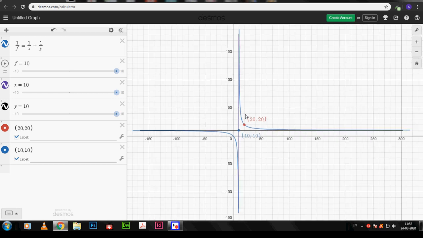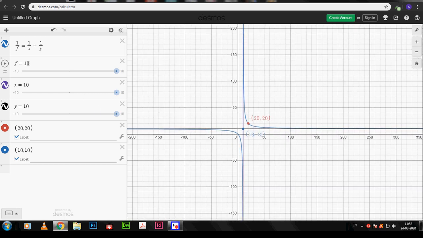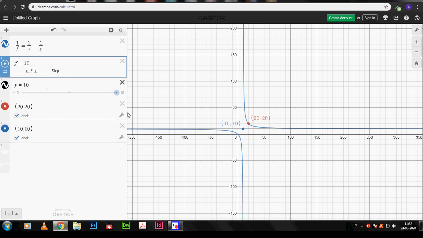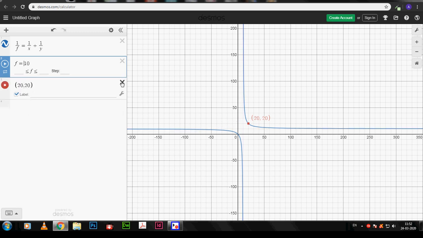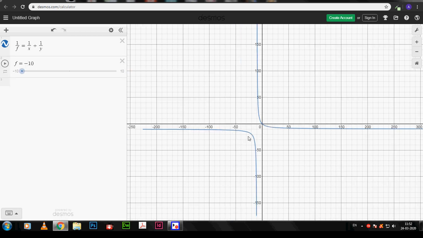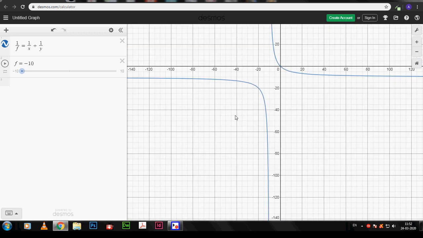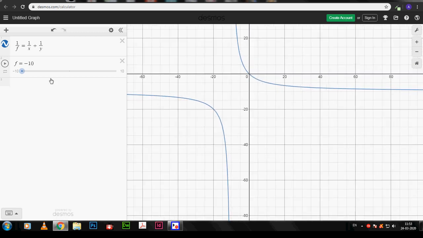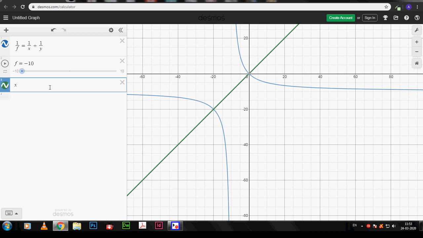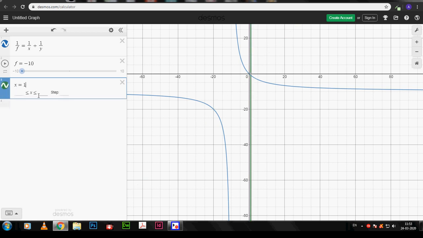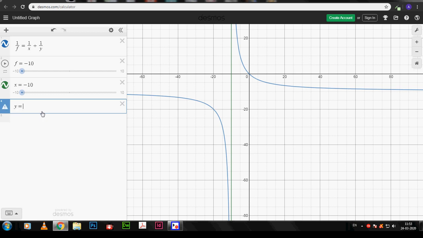You can see the graph from here. What about the concave? In case of concave, I will remove this. In case of concave, let's say focal length will be minus. There you see it is in the third quadrant. Again same way. Now the asymptote will pass through x equals to minus 10, y equals to minus 10.